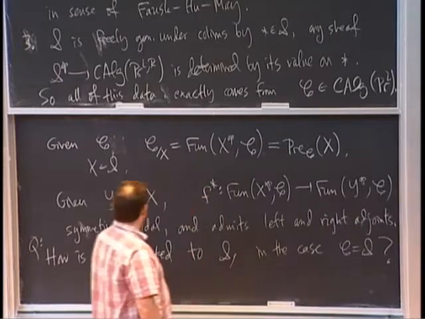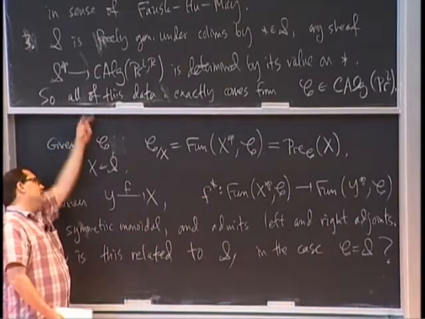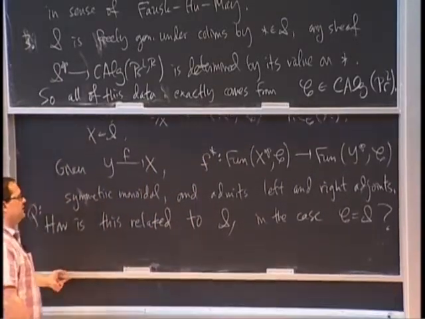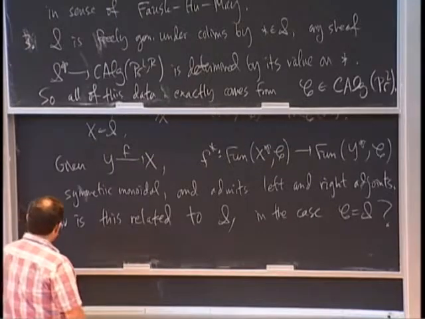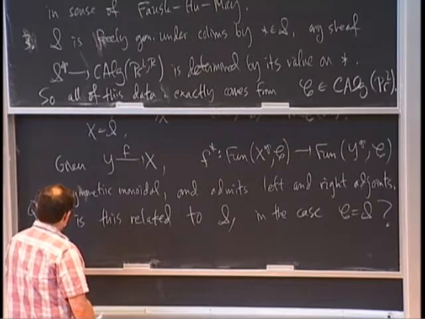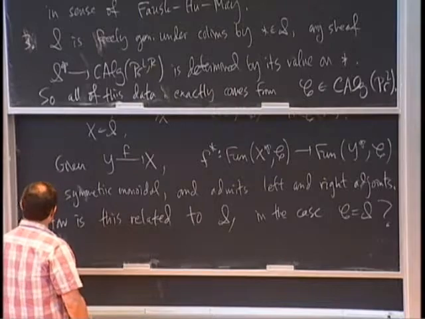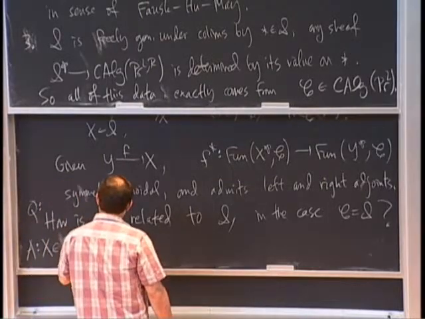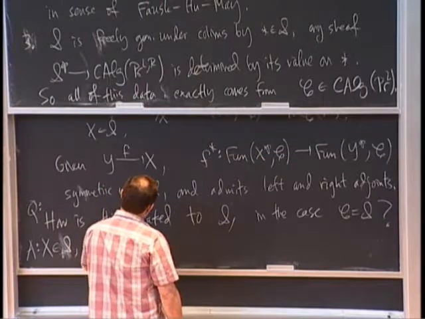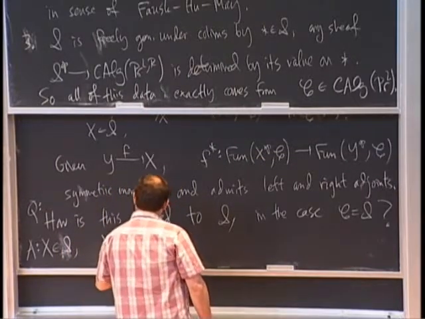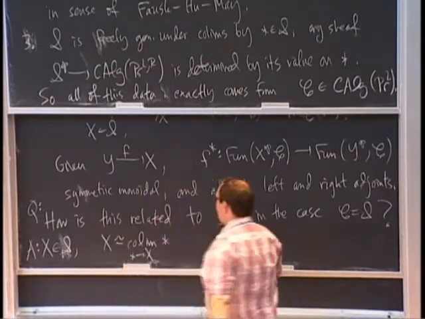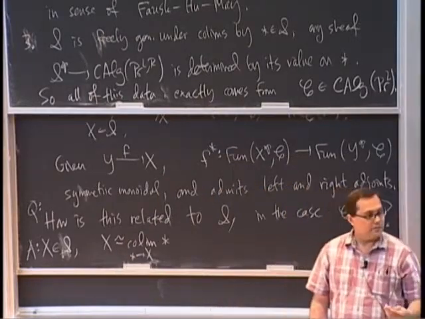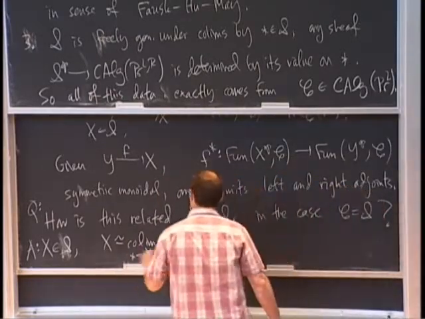Well, again, we have this descent property. If X is a space, then X is equivalent to the colimit over the points of X of the point. That's another feature that you have in an infinity topos.